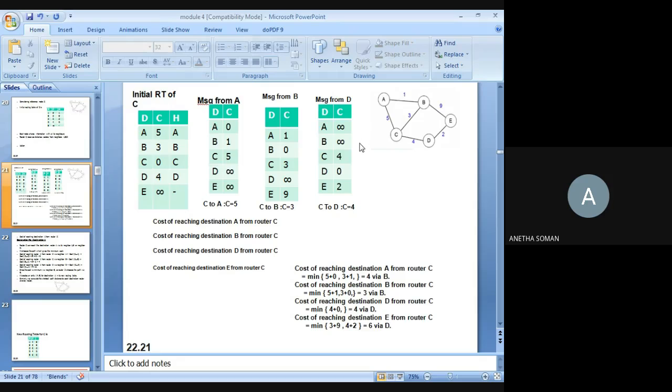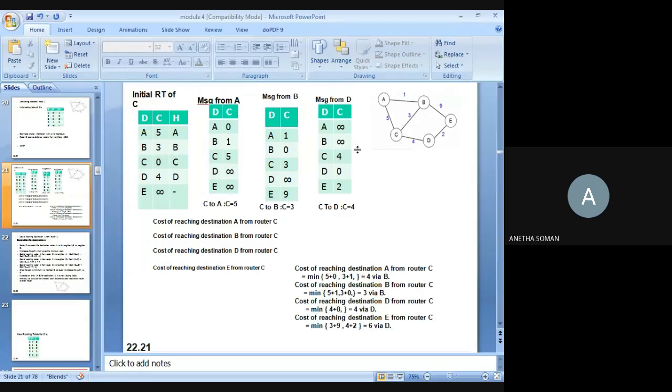Okay, now once you receive the message from the routers, you have to perform some action. That action is based on the Bellman-Ford equation or algorithm.